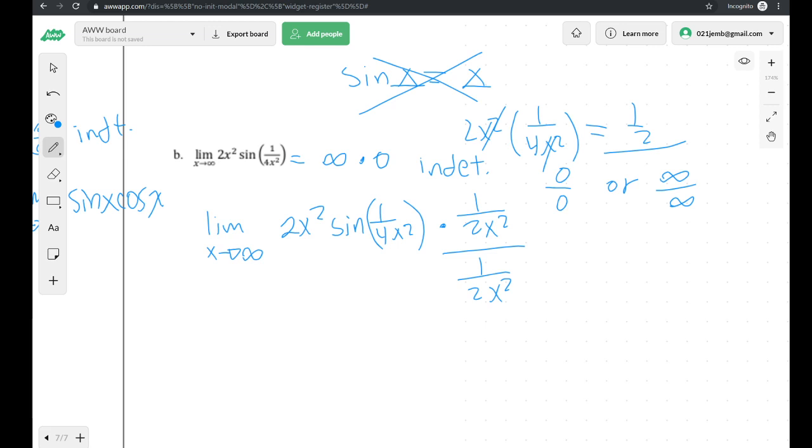Then this cancels out, and we're left with the limit as x goes to infinity of sine of 1 over 4x squared divided by 1 over 2x squared.